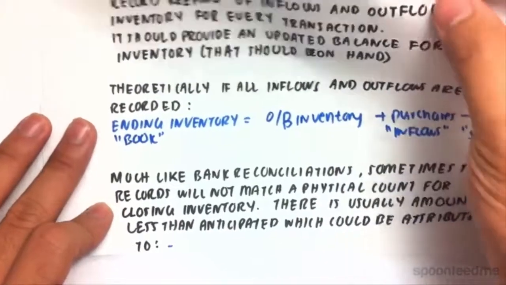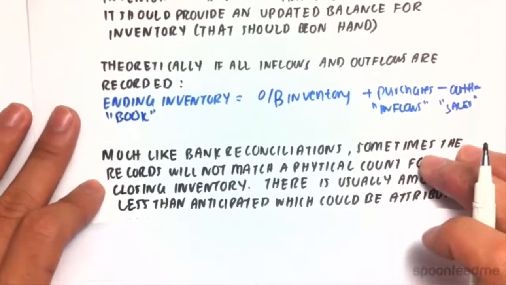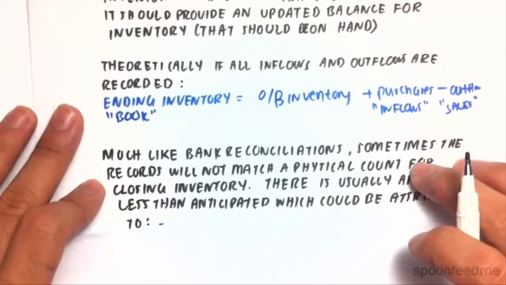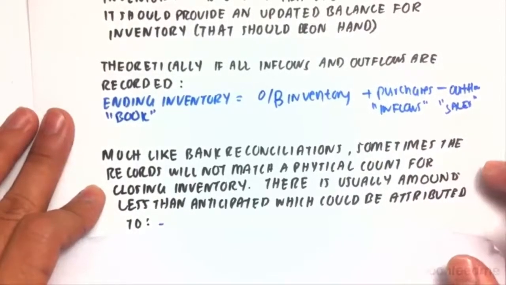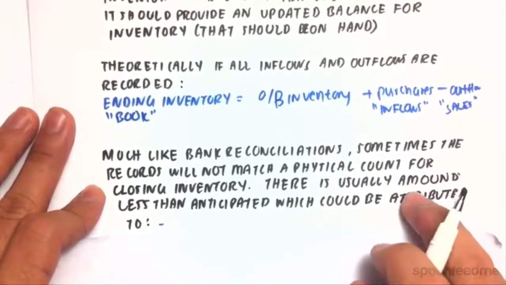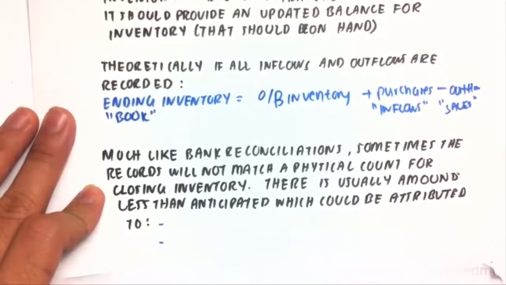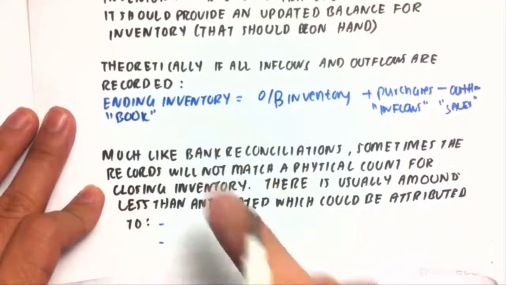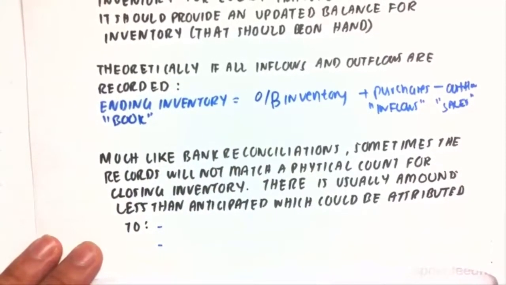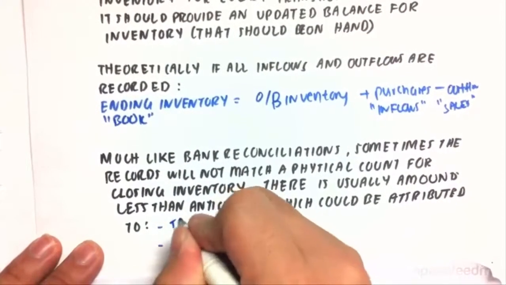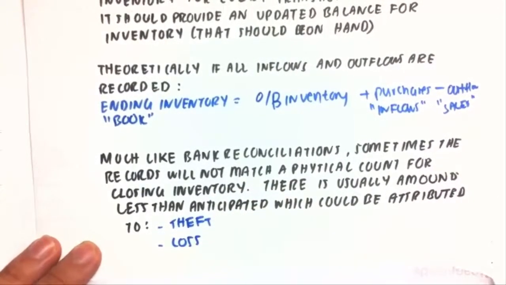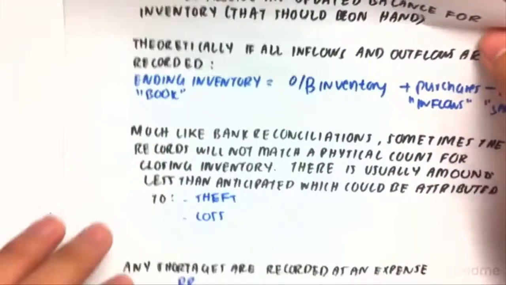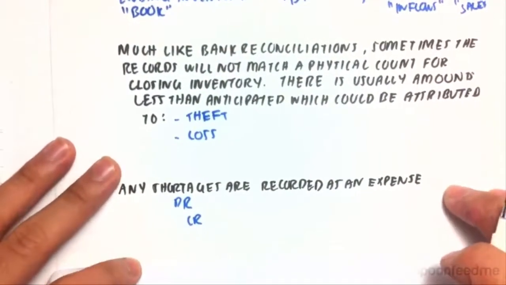Okay, however, much like bank reconciliations, sometimes the records will not match a physical count for closing entry, and there is usually an amount. The amount is usually less than anticipated, or less than what we expect in the books in a perfect world, and that can be a result of theft or loss of inventory. Okay, so any shortages are recorded as an expense.